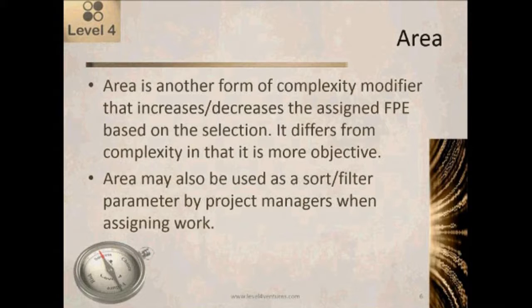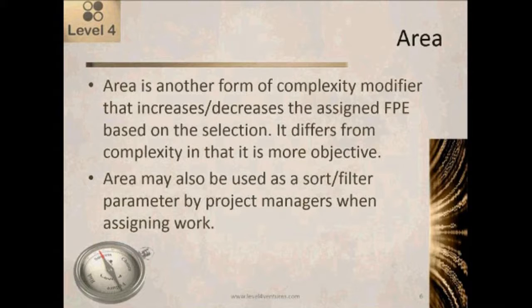Area is another form of complexity modifier that increases or decreases the assigned function point equivalence for that row based on the selection. It differs from complexity in that it is more objective. Complexity is one of the aspects of our estimate that is subjective.